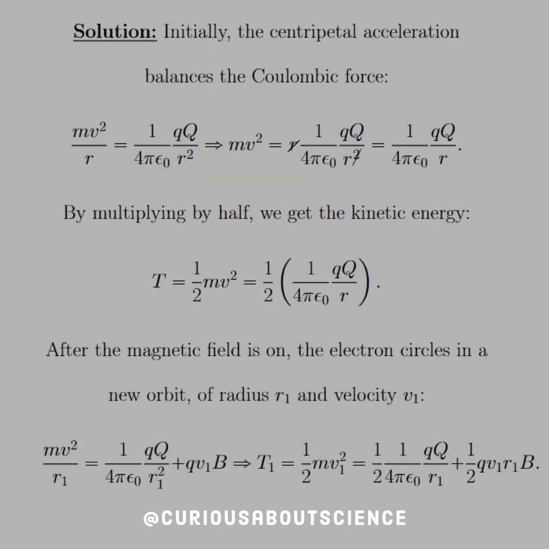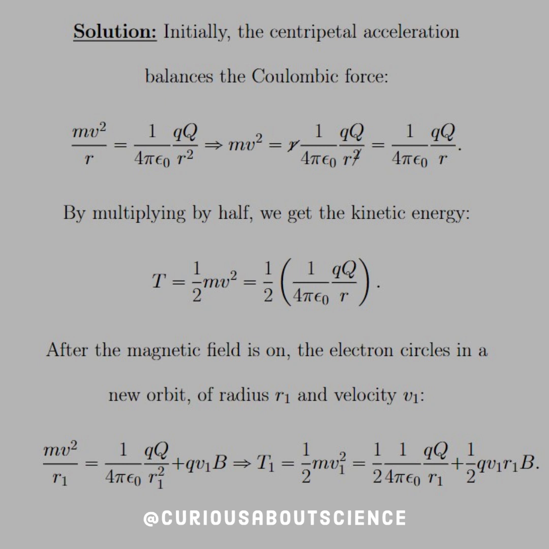All right, so the solution for this is that initially the centripetal force balances the Coulombic force. Since we know that the centripetal force is mv squared over r, and that's equal to the Coulombic force, we multiply by r and solve for mv squared, and we see that the r's cancel and we're left with 1 over 4 pi epsilon naught, little q times big Q over r, which, if you remember back from physics 2, is the energy in the configuration as well, so it all works out.